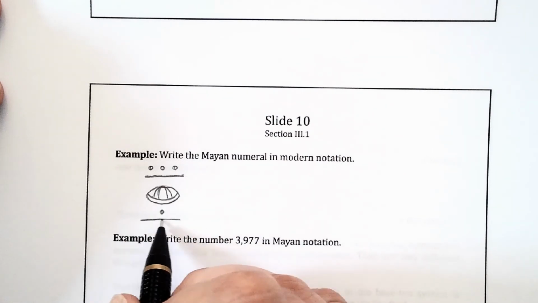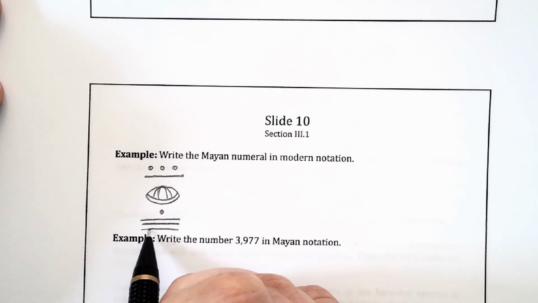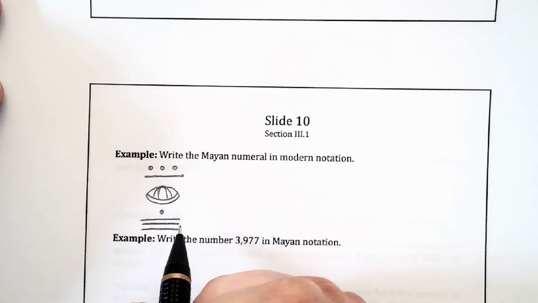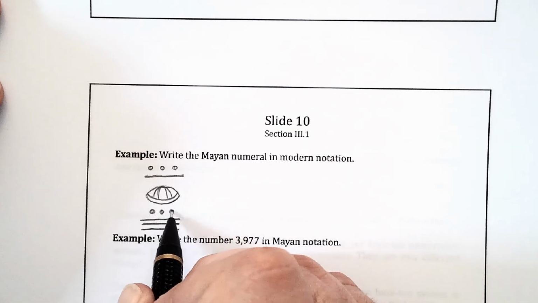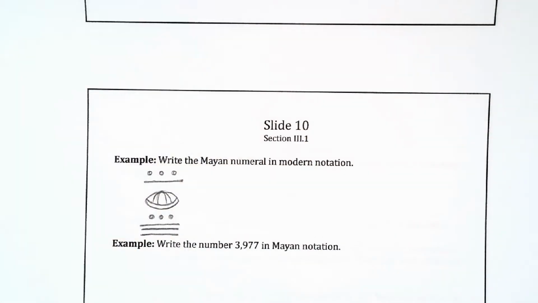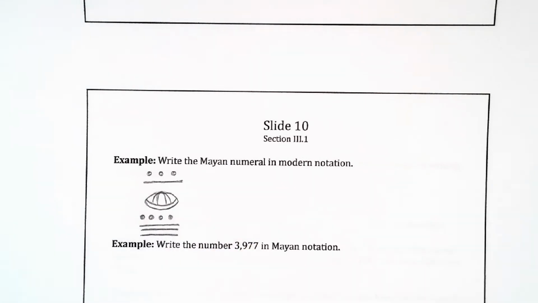And at the bottom, say a dot and 3 bars. Well, let's make it 3 dots and 3 bars. No, sorry, 4 dots. Okay, I want to make it a little bit varied.